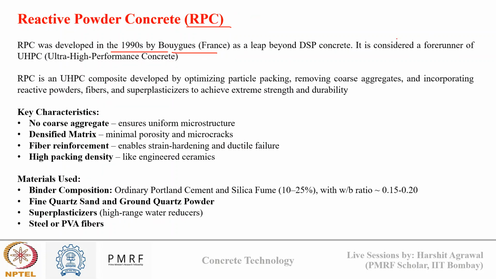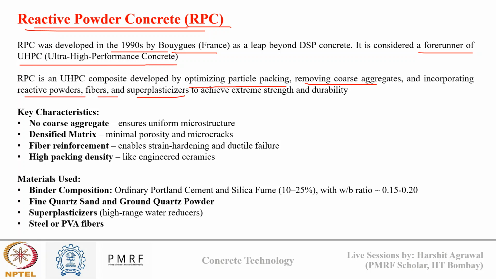This RPC concrete is currently considered as the front runner of UHPC. So the current practice of UHPC is dominated by this concept of reactive powder concrete. So how is this UHPC? It is developed by optimizing the particle packing, removing coarse aggregate, and incorporating reactive powders, fibers, and superplasticizer to achieve extreme strength and durability.